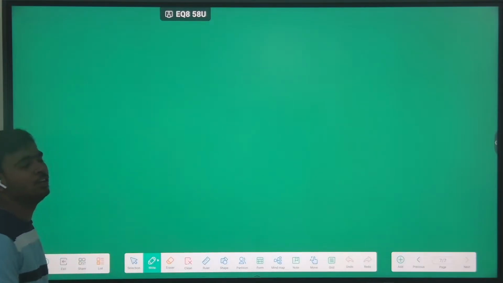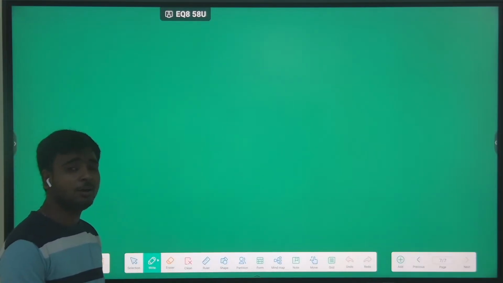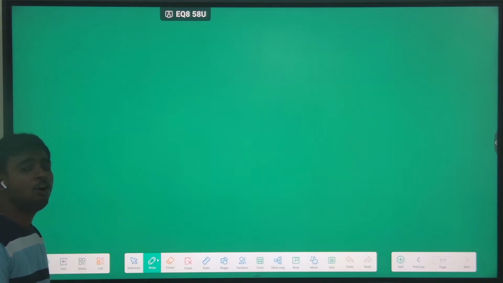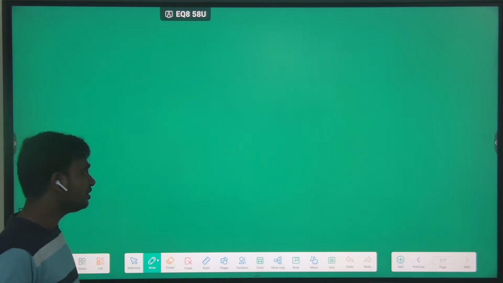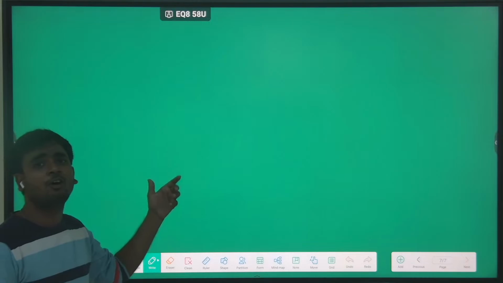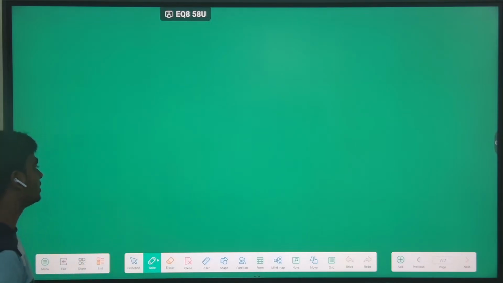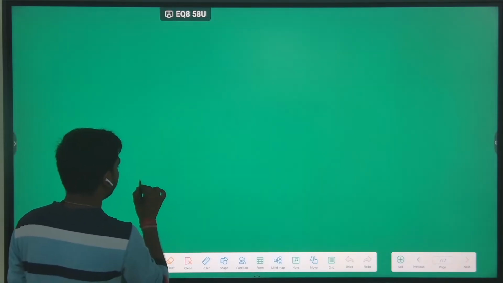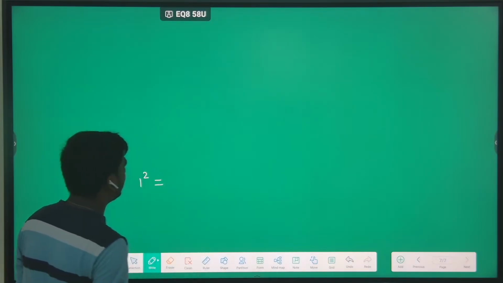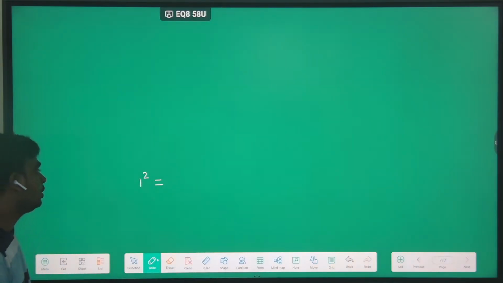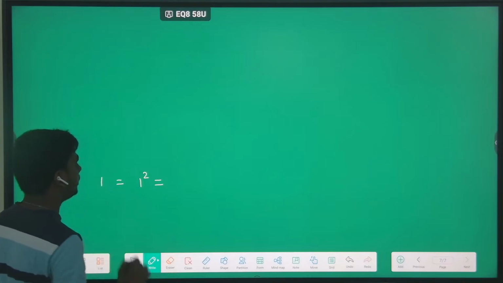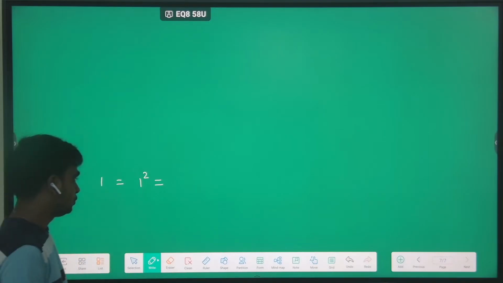in which you have to learn about the sum of odd numbers, which are represented in the form of squares of a number. For example, let us suppose we are asked to find the value of 1 square. We know the value of 1 square is 1.